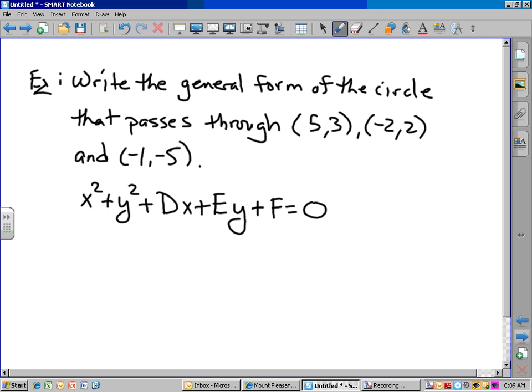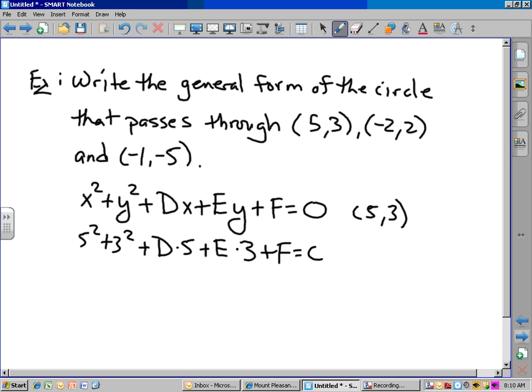All right. Since I know nothing about the center, I know nothing about the radius, all I have is x and y's, I'm going to plug some in. I'm going to plug in (-5, 3) into this form. Now what does -5 and 3 represent? X and y. So I'm going to put in -5 squared plus 3 squared plus d times -5 plus e times 3 plus f equals 0.